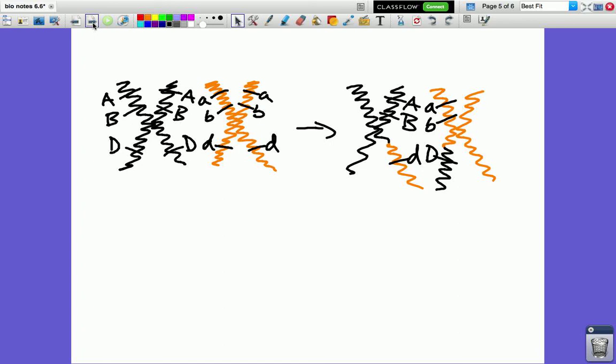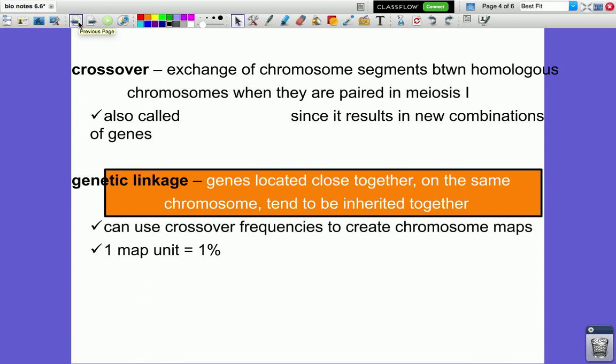So instead of having capital A, capital B, and capital D going together, now I have that recessive lowercase d going with capital A and capital B, whereas at the same time, those recessive a and b are going with the dominant capital D. So genes that are located close together are said to be linked, and they tend to be inherited together. Genes that are far apart, on the other hand, are likely to be separated because of crossover.